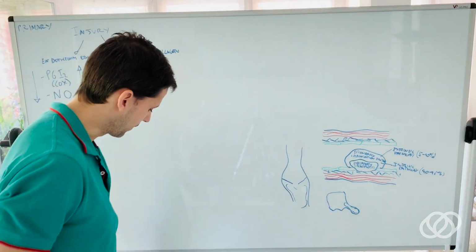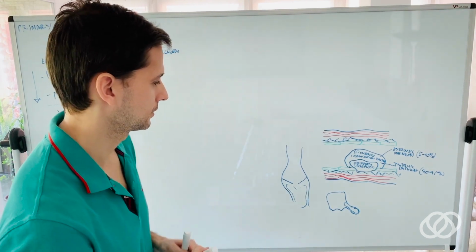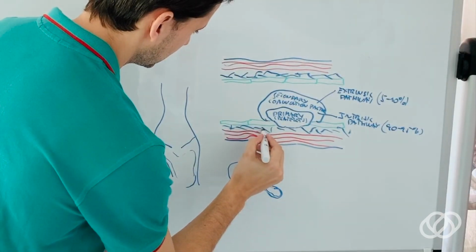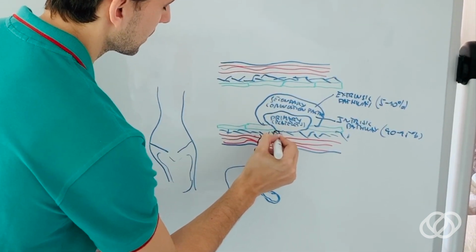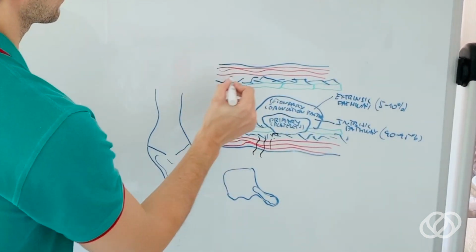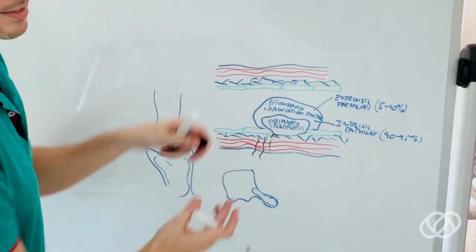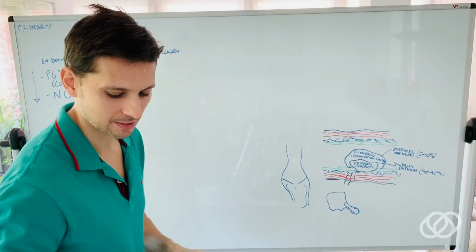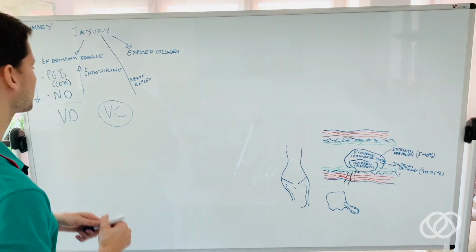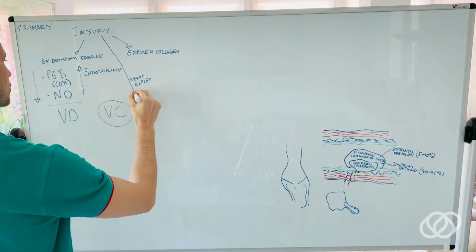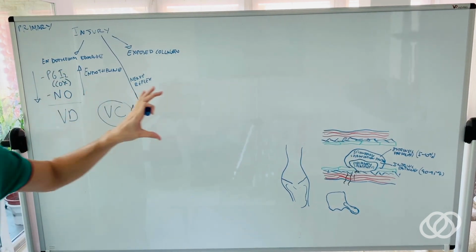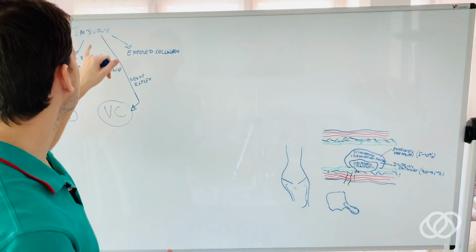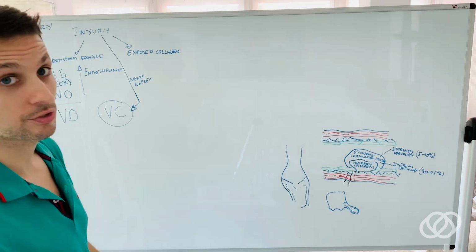We know that there are some nerve terminals in the vessels that, when injured, produce a reflex that contracts the smooth muscle. So it leads directly also to vasoconstriction. So the first thing that we are going to have after an injury is a vasoconstriction.